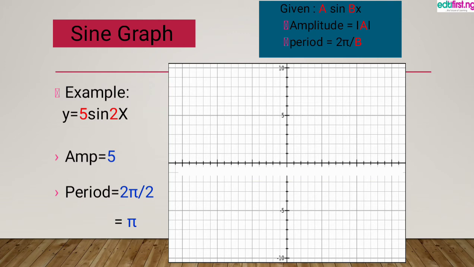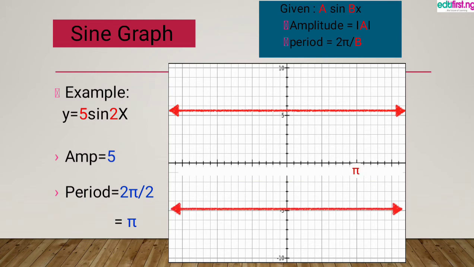Here our amplitude will be 5, because 5 is the amplitude. The height of our graph will reach 5. It will stop at 5, because 5 is our amplitude, so the height will stop there. Then our period will stop at pi, which is 180.